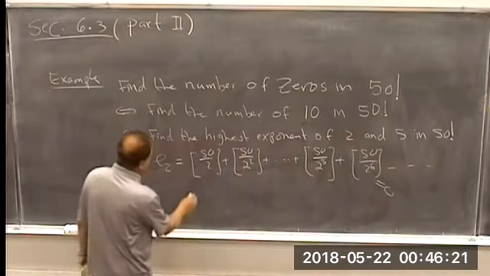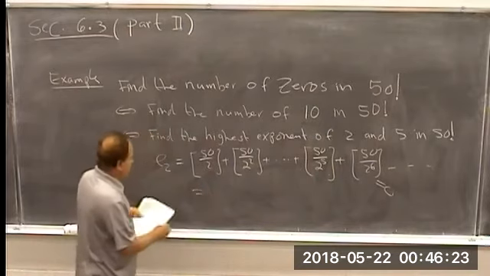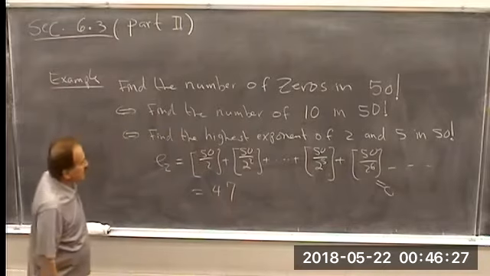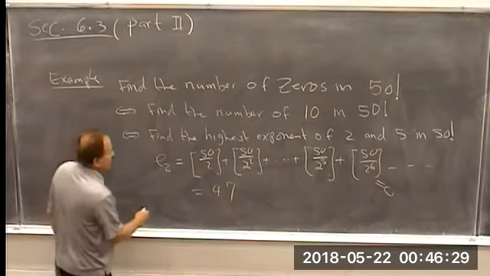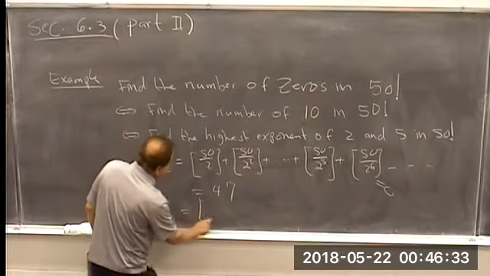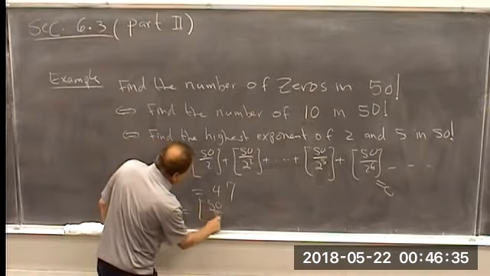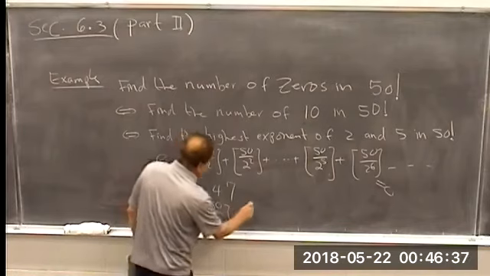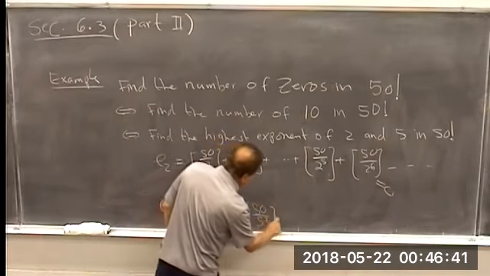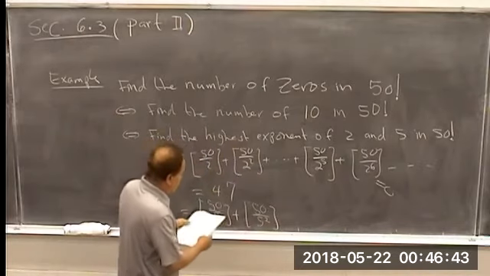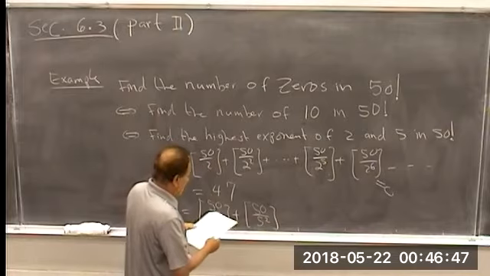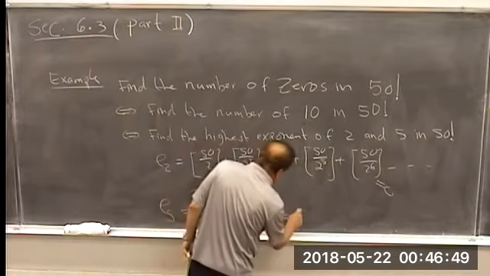When you do this calculation, you find it equals 47. And the highest exponent of 5, E5, is 50 over 5 plus 50 over 5 squared. That gives only 2 terms, and this gives you 12.